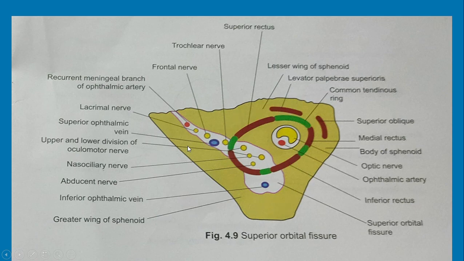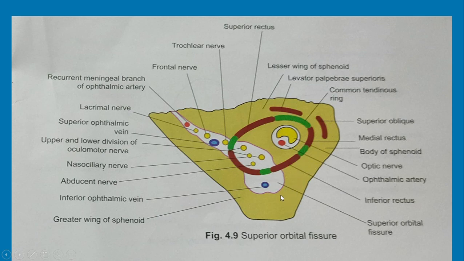It is bounded above by the lesser wing of sphenoid. This is the lesser wing of sphenoid. Below by the greater wing of sphenoid.